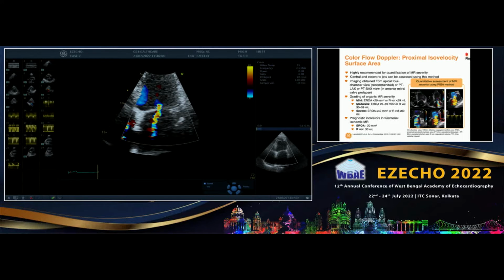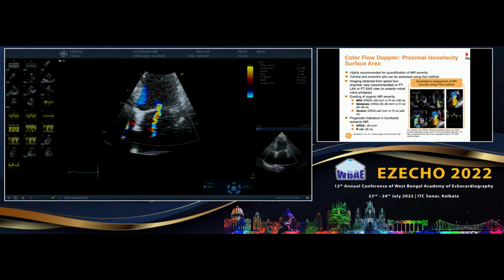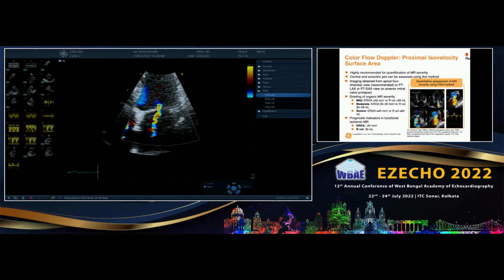So if you zoom, you can see this is a black line. I will take this as my neck, and from here I will measure the PISA radius, from blue to yellow, so it is wrapping around to the yellow side. Correct, that's the one. You have to start from here because of the fine horizontal black line.